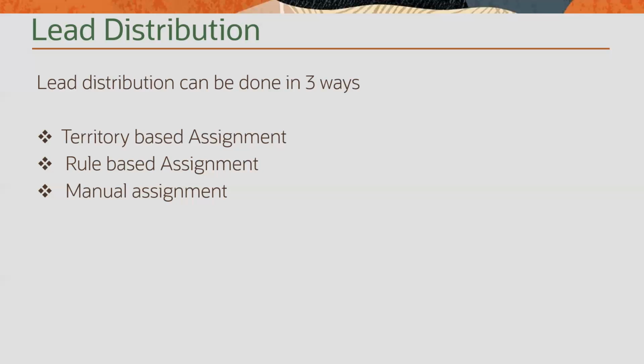Like this, we can assign conditionally based on location, or based on product, or in other ways. There can be product specialty, right? For each product there can be one sales rep who will deal with that particular lead.